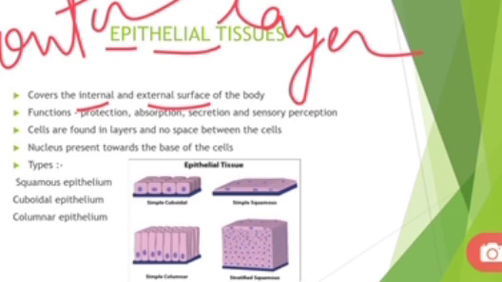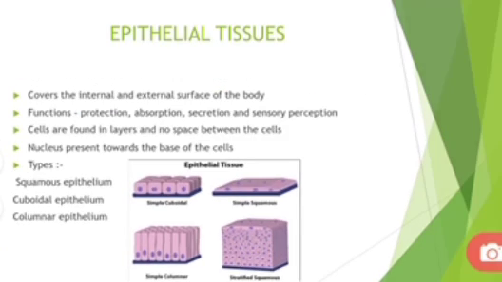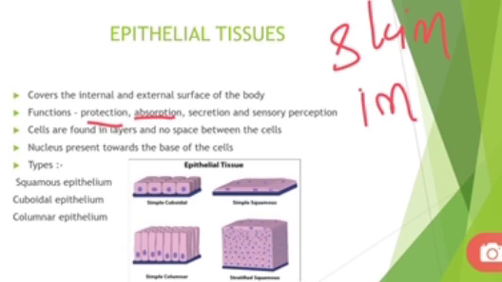What are the functions of epithelial tissue? First is protection. Take for example skin, which protects us from various foreign substances and does not allow them to enter our body. Second is absorption. Take the example of the intestine, which absorbs the digested food.